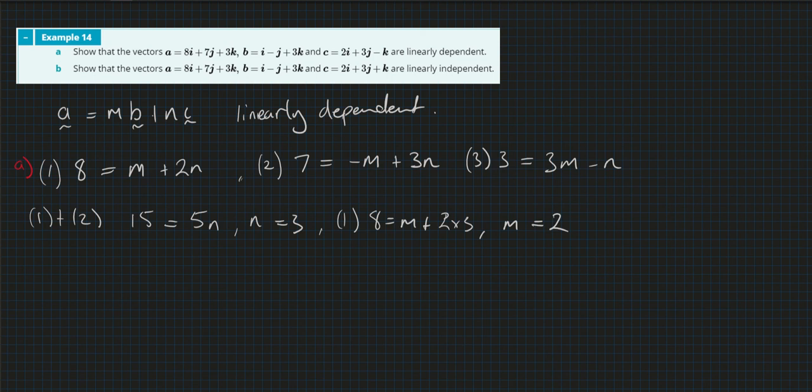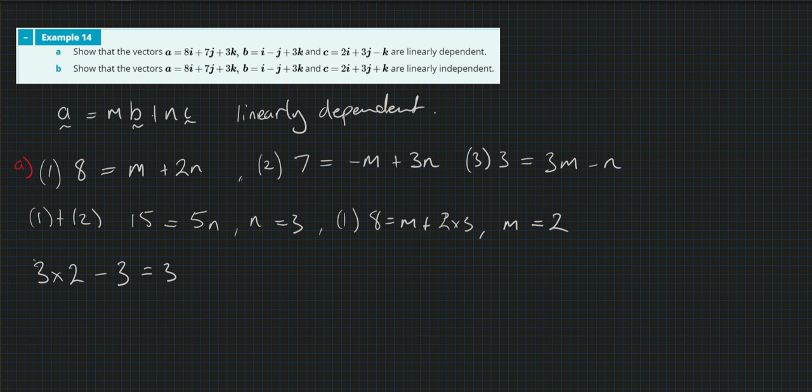So we want equation 3 to be true. So 3 times 2 minus 3 times 1 equals 3.